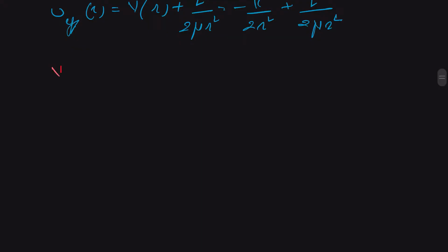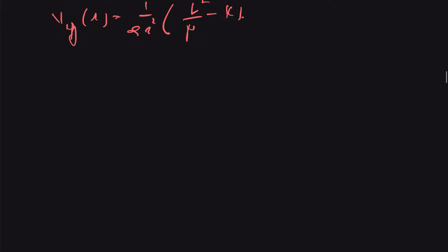Therefore we get that V effective of r will be equal to 1 upon 2r square times L square upon mu minus k. For a circular orbit, we know that the derivative with respect to the radial distance will be equal to 0, and its double derivative will also be equal to 0. So we are going to use the condition for circular orbit.